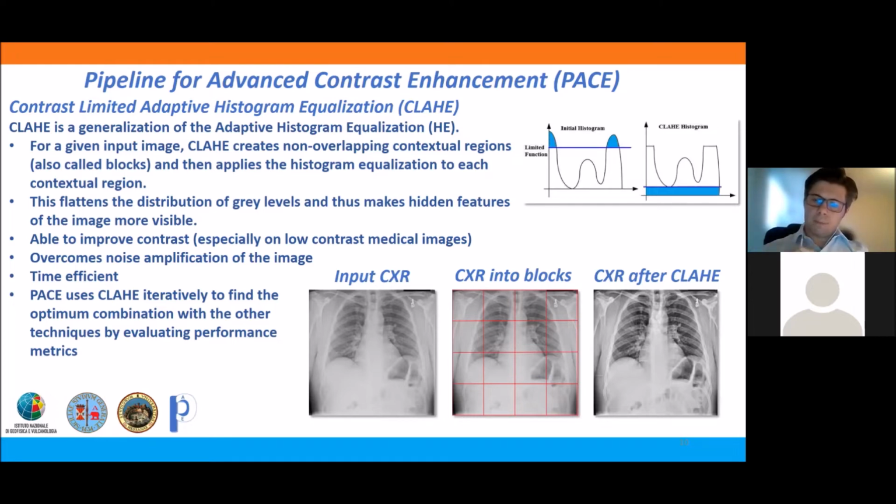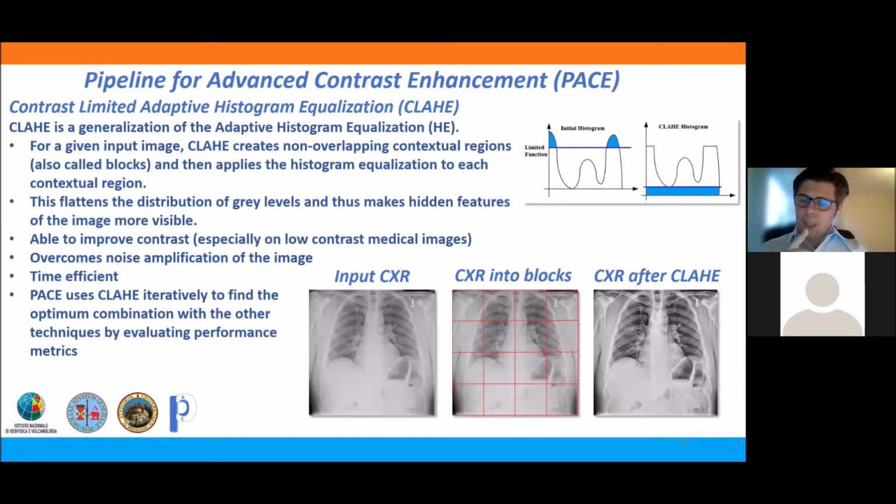So at the end, the final result will be the combination of these non-overlapping blocks, all combined together, which at the same time provide better contrast, but also very well-defined details which are preserved using this methodology.